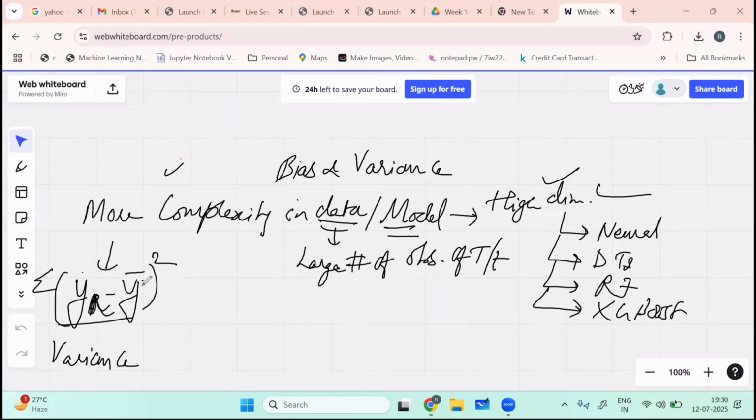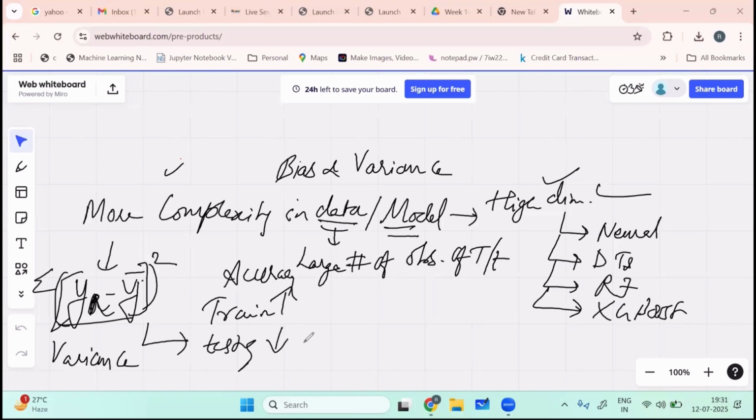The reason is we have a very high set of dimensions of data or model. In that case, the training accuracies will be very high and testing accuracies will be less. That's what is termed as overfitting. Is overfitting clear to everybody?